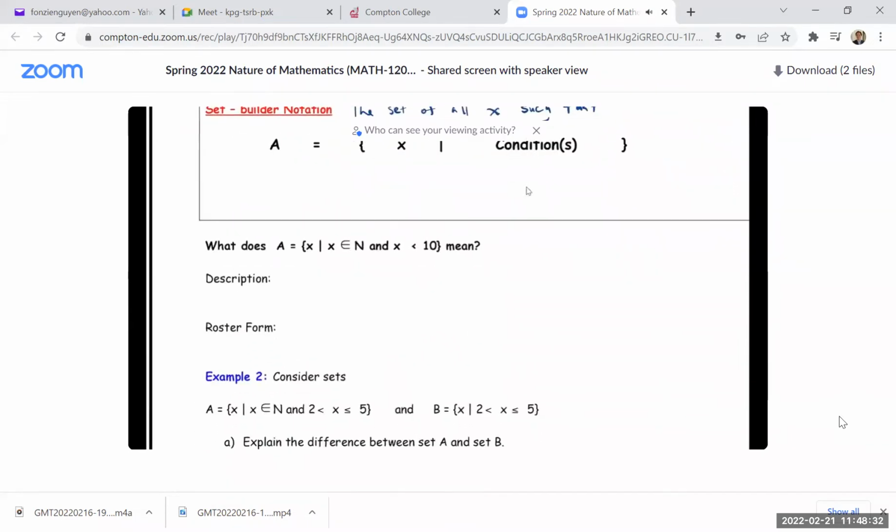All right, so that's what that notation means. Let's go down here. What does this mean? It means the set of all x such that x is an element of the natural numbers and x is less than 10. So what would be the roster form if it's all the natural numbers less than 10? 1 through 9.